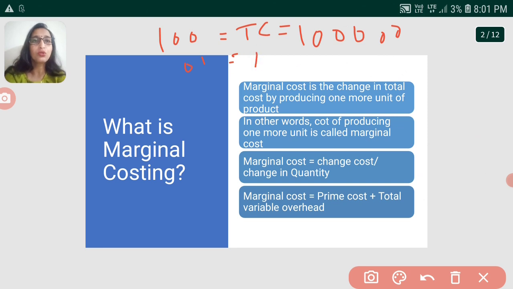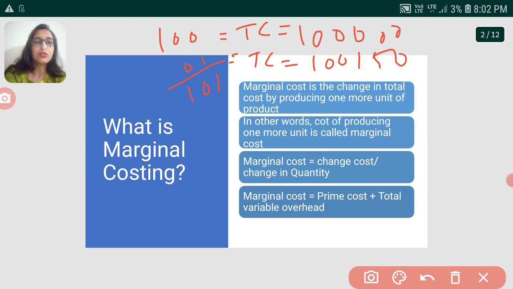Now the total cost is changed, because we are producing one extra unit. The total cost value is, for example, 1 lakh 150 rupees, and the number of units is 101. So it is called marginal cost.